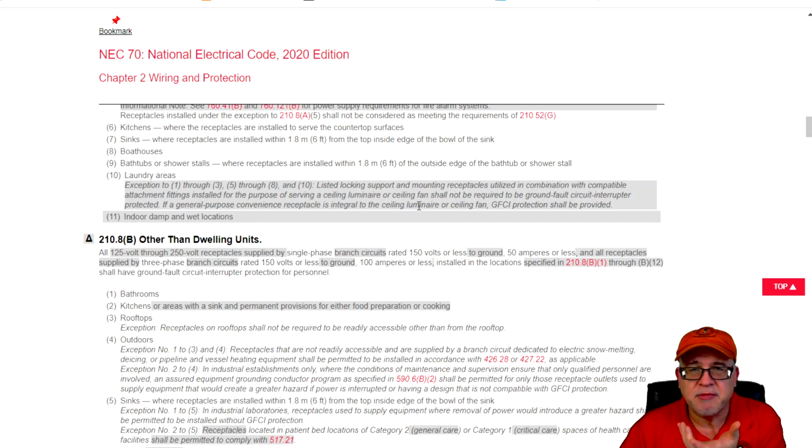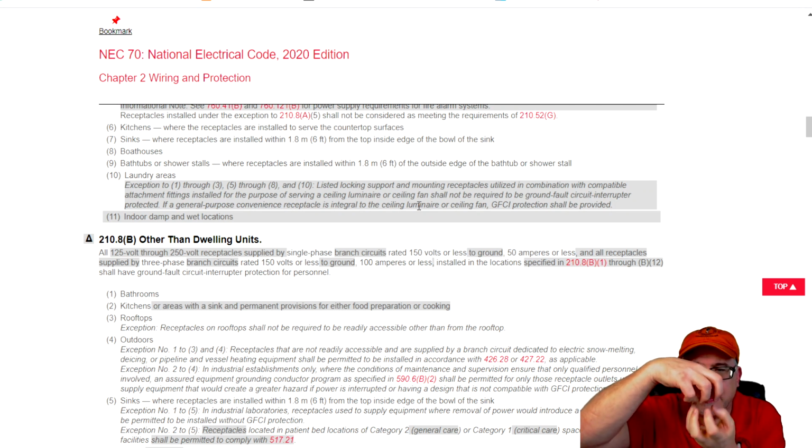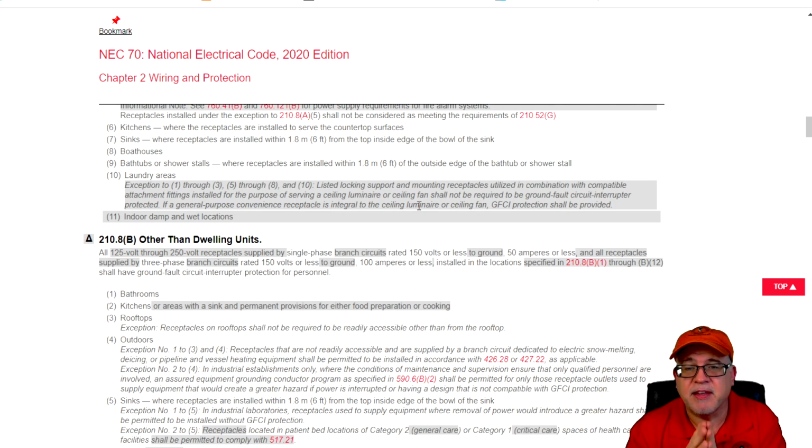That is the attachment fitting. Then it has the female portion that mounts up in the light box, ceiling box, or fan box, and it will mate with the attachment fitting. It has a connection that supports the weight. It has round prongs, and it has the female end and the male end, and they interconnect, and that makes the connection, and it's designed to support the weight.